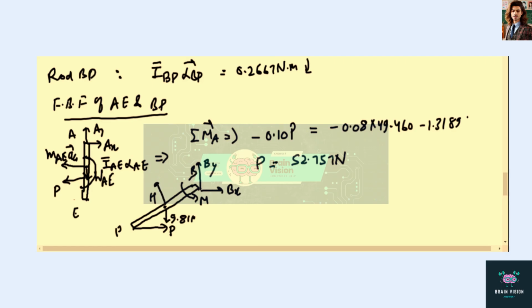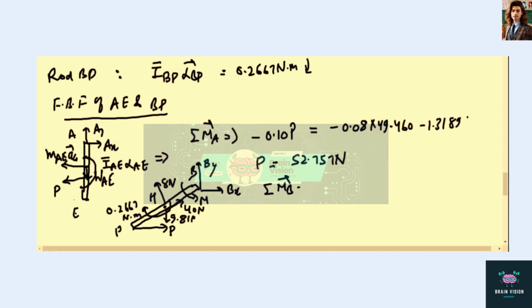Here the force of 8 Newton will act, and in this direction a force of 14 Newton will act, and it will rotate with angular acceleration alpha, that is I into alpha, which has the value 0.2667 Newton meter.